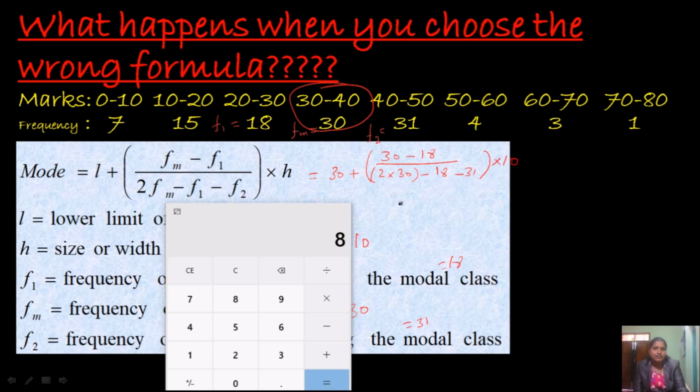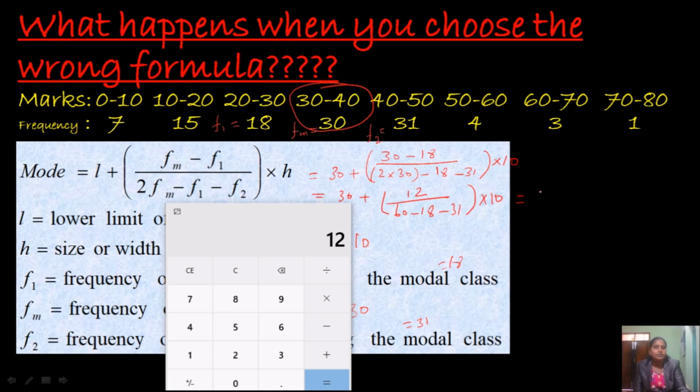So that is equal to 30 plus, when you subtract 30 minus 18, we have 12, over, when you multiply 2 into 30, you have 60 minus 18 minus 31, into 10.